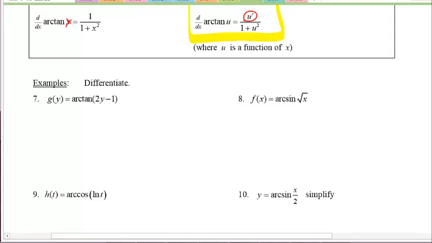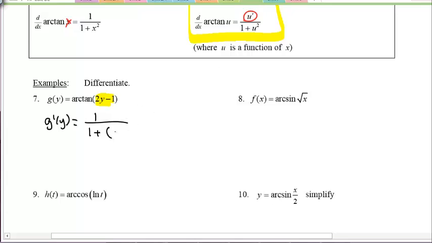Okay? So, using these, now go ahead and find the derivative. So, derivatives, arctangent. So this is a function like u. So I'll use the formula here. I'll say g prime of y. The arctangent is just 1 over 1 plus the u, right?